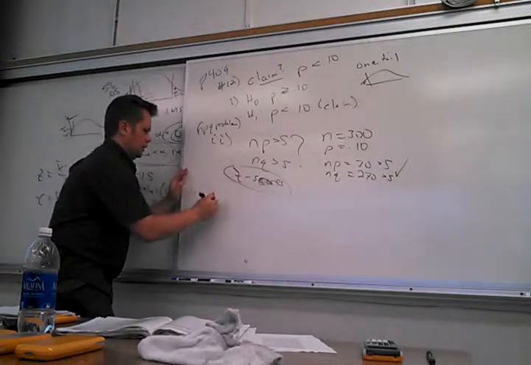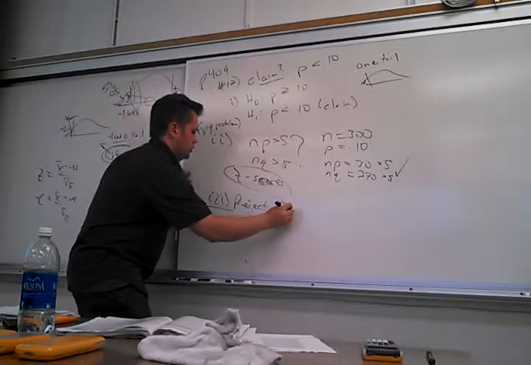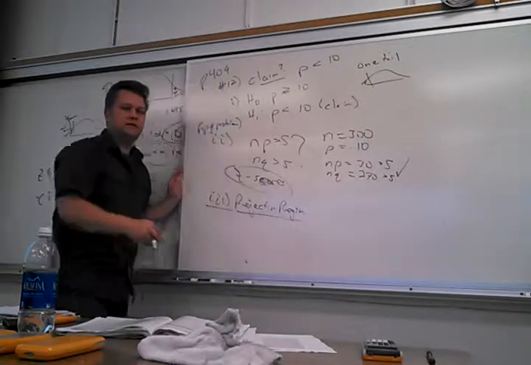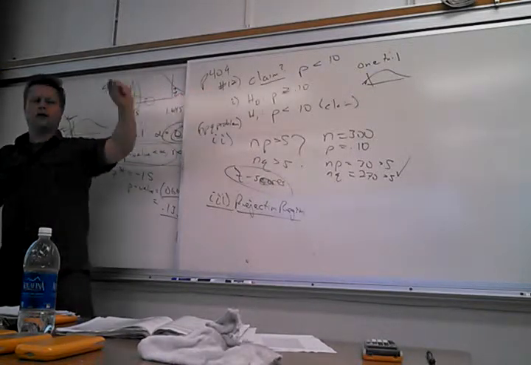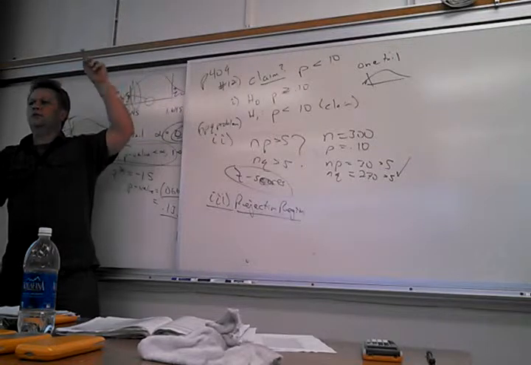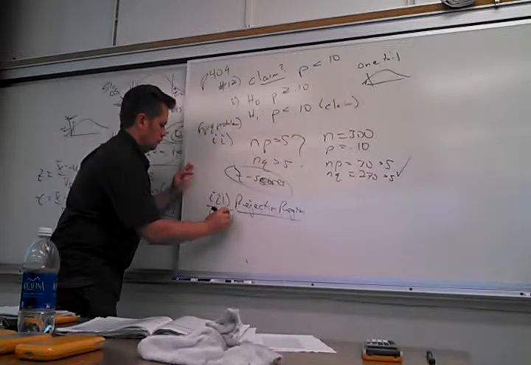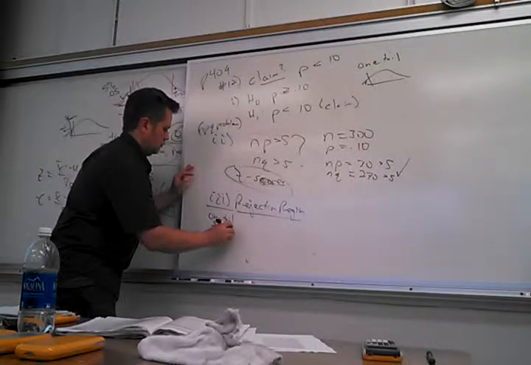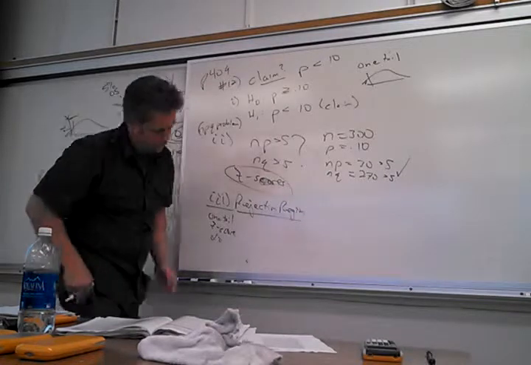What about step 3 here? Rejection region. This is beautiful, this is exactly the same as before. I still have to know it's a one-tailed test. I can use Z-scores. What's alpha for this? 0.05 again.